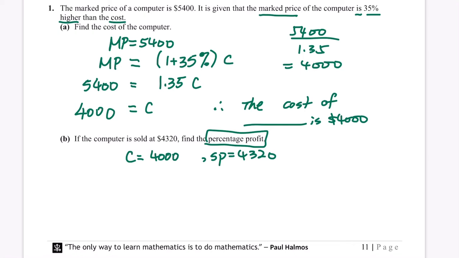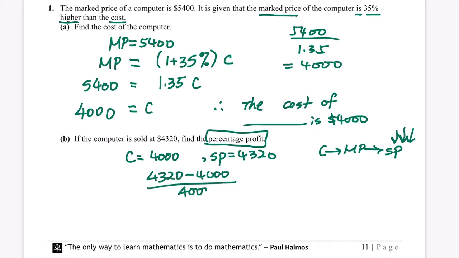So which one is the newest first of all? Cost price or the selling price? Well, remember the relation. This one. Yeah, this is selling price is the newest one. So newest one minus the oldest one over the oldest one times the 100%.